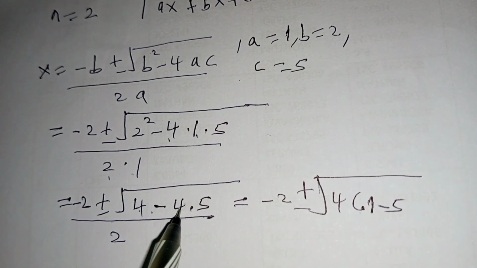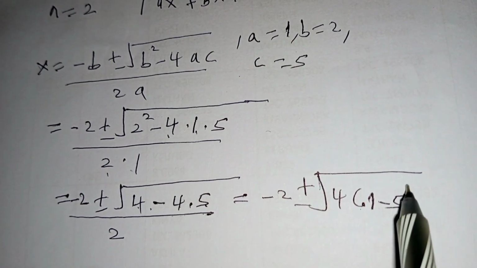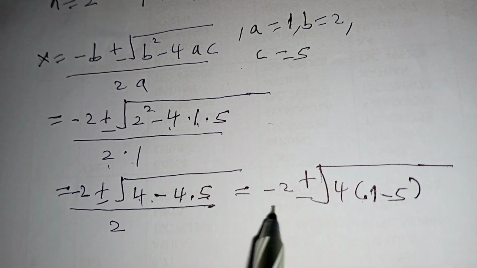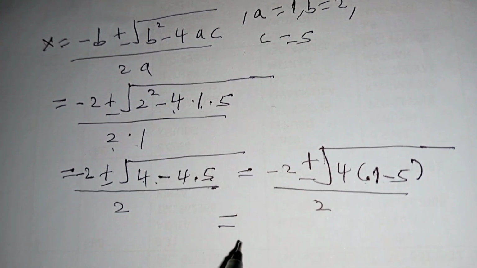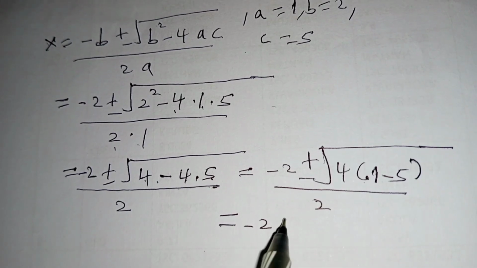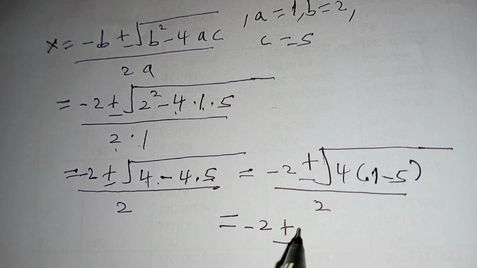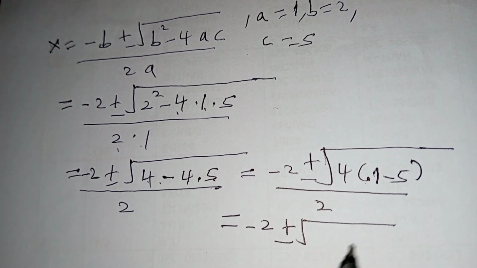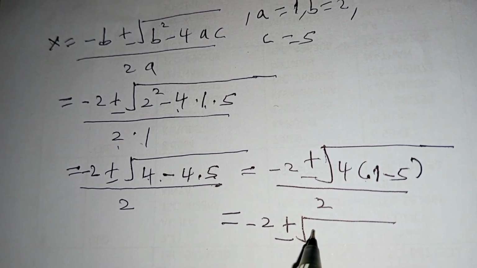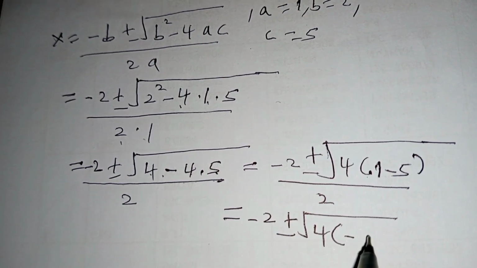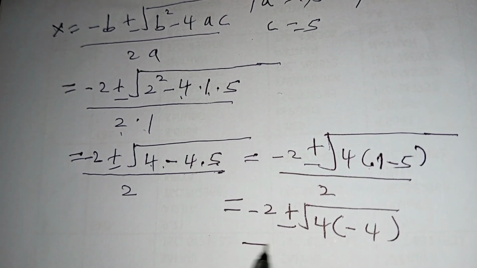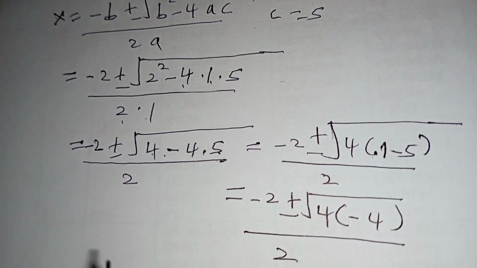Where you have 4 times 5, you shall be left with the 5, divided by 2. This is equal to negative 2 plus or minus the square root of 4 multiplied by the square root of negative 4. You divide everything by 2.